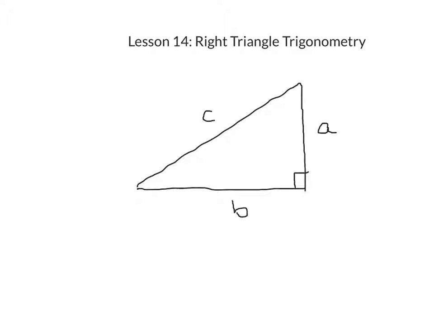Or in terms of this picture right here, we've got c squared is equal to a squared plus b squared. As I said, the square of the hypotenuse is equal to the sum of the squares of the other two sides.